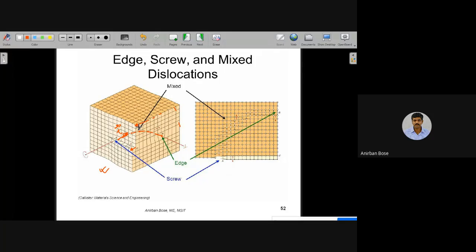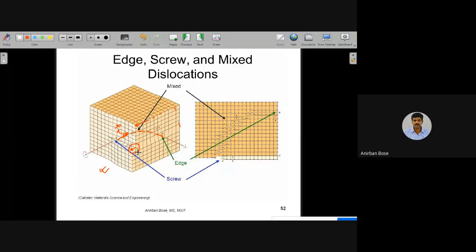So it is immaterial whether an edge is there, a screw is there, or both components, edge and screw, are present. Remember that throughout the crystal, the Burgers vector is the same. That is a very interesting observation that you will find if you just do this exercise on your own.